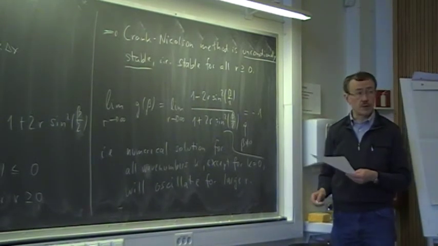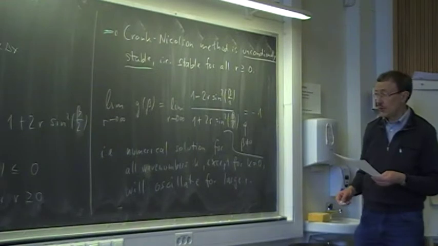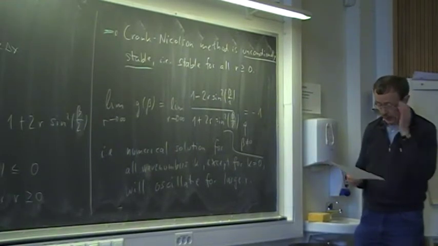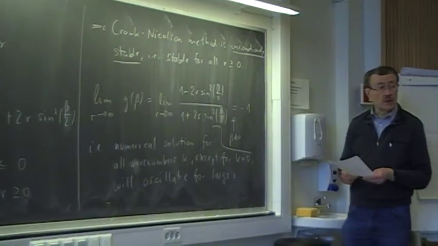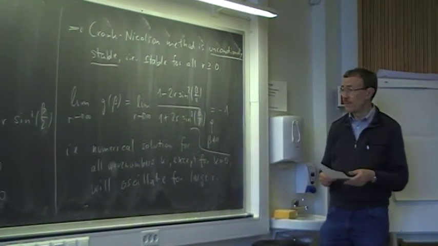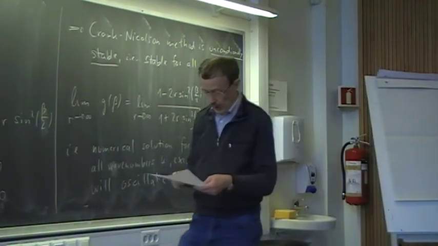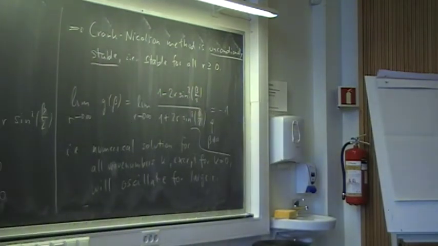It's not a good idea to use it for large time steps, for large R. So what you should rather use then is the implicit Euler method. That works fine. That does not have this problem. Okay.